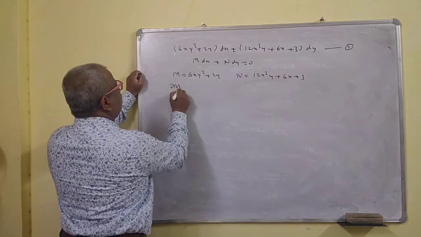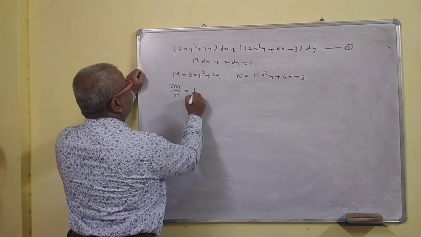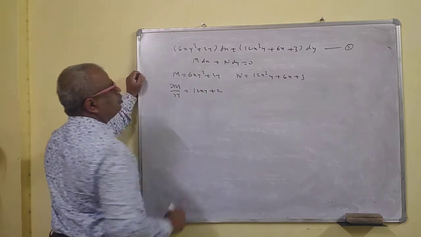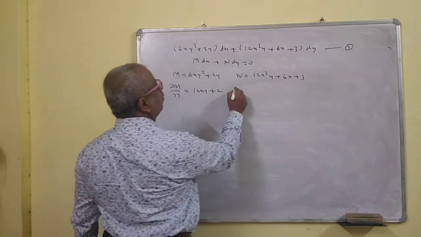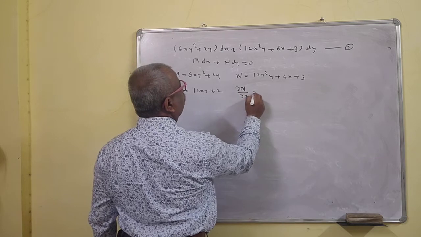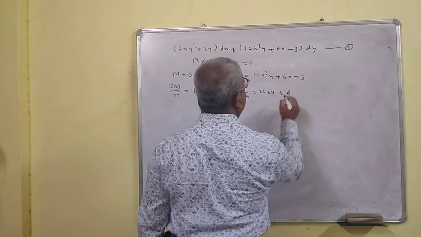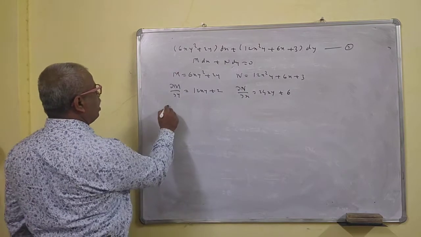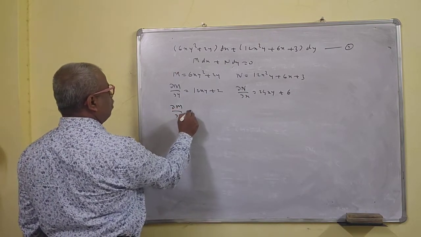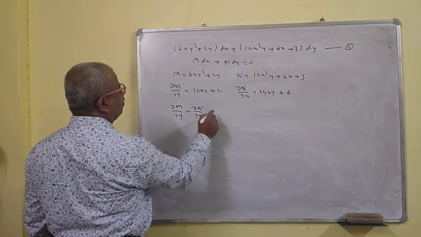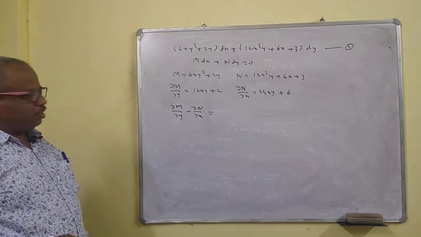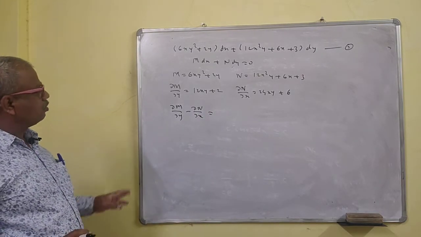So ∂M/∂y is 12xy + 2, and ∂N/∂x is 24xy + 6. Now we find the difference, ∂M/∂y minus ∂N/∂x.